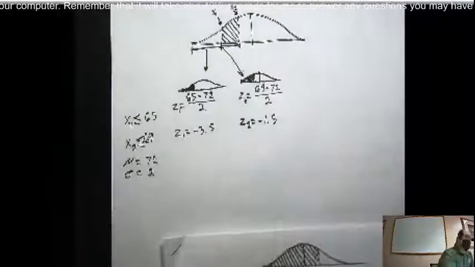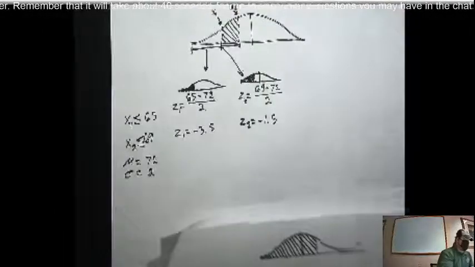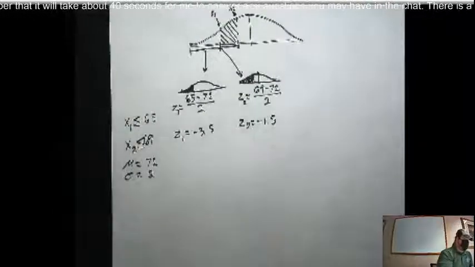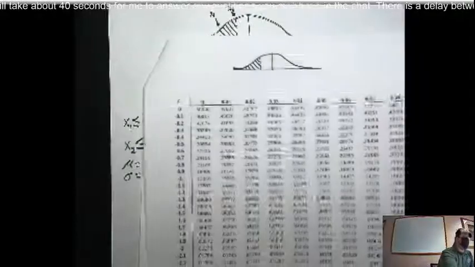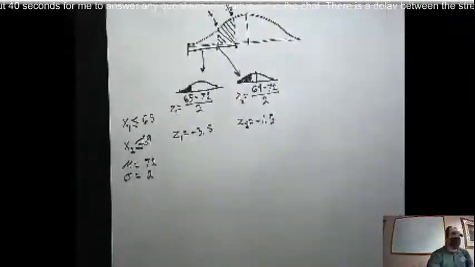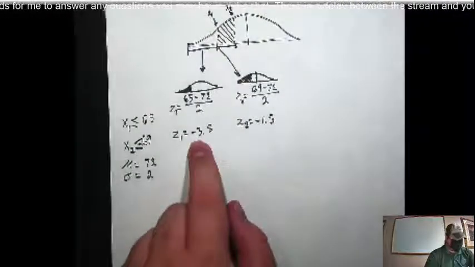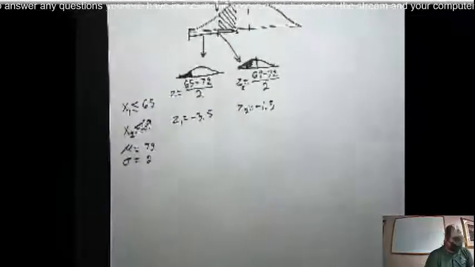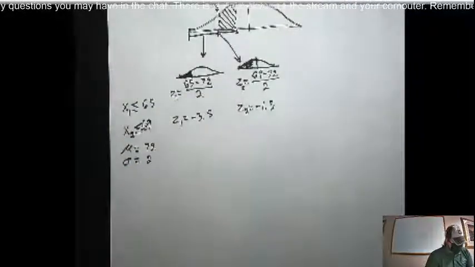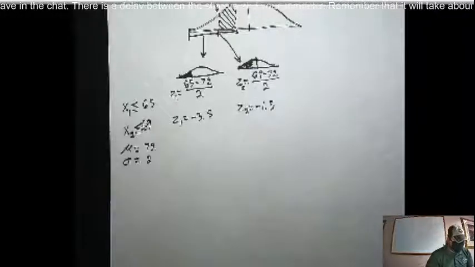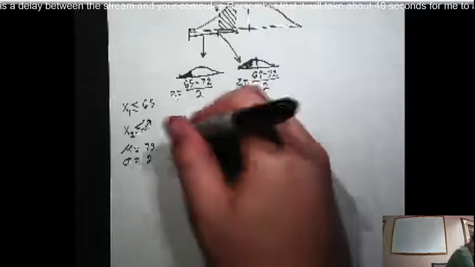Both of them are negative, so we need our negative table. Negative 3.5 gives me a probability of 0.00023.